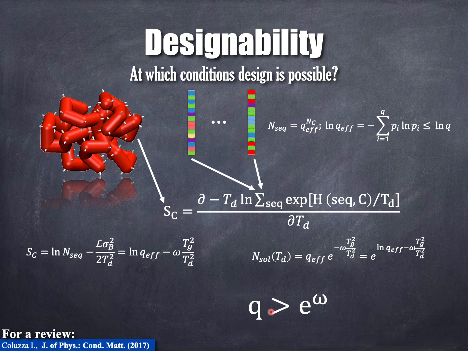It tells that the alphabet size must be larger than the number of configurations per monomer of your heteropolymer in order to have at least one solution of the design problem.